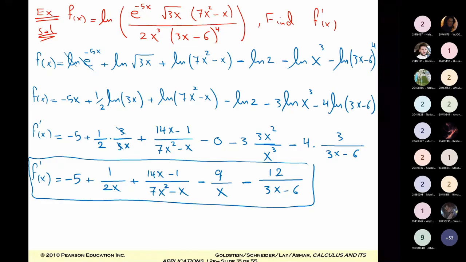Why did you not put the 3 then x to the power 3? Because 3 then x. Which one? Ah, okay. Sorry.